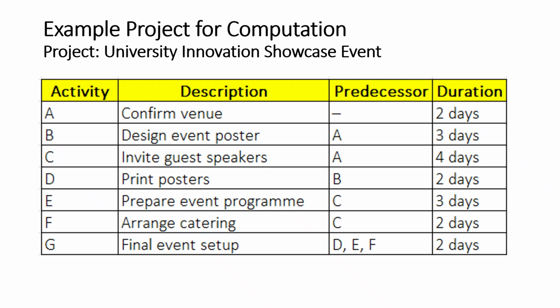Activity F is to arrange catering and also depends on activity C. It takes 2 days. Finally, activity G is the final event setup. It depends on activities D, E, and F. It takes 2 days. This table gives us the basic information needed to draw the network diagram and perform schedule computation.